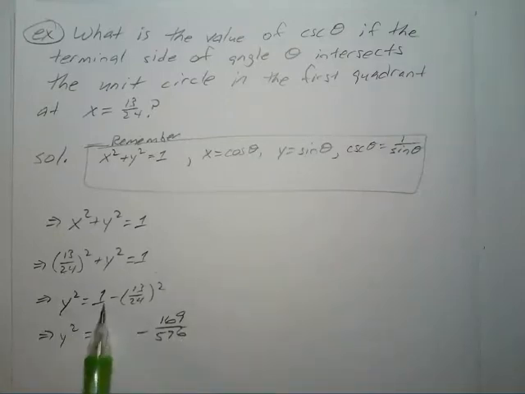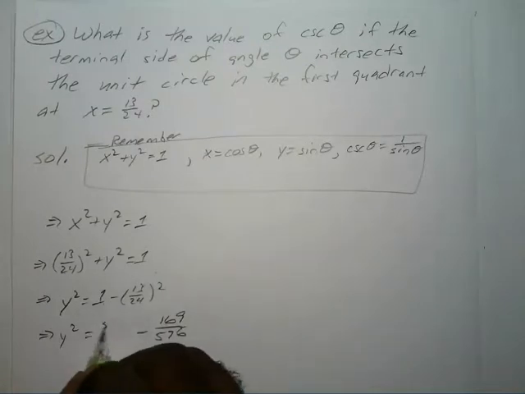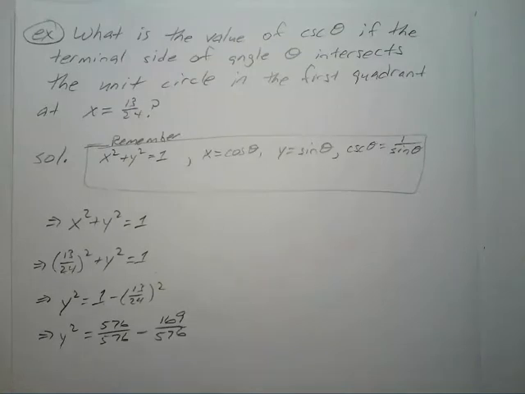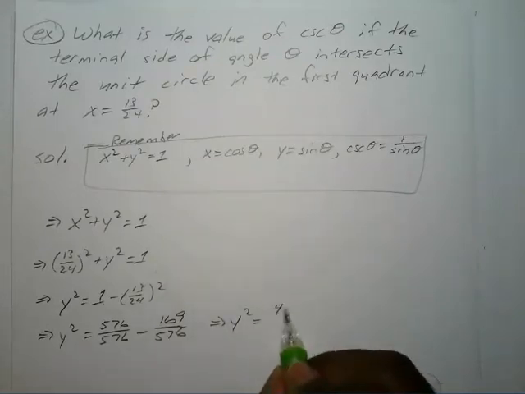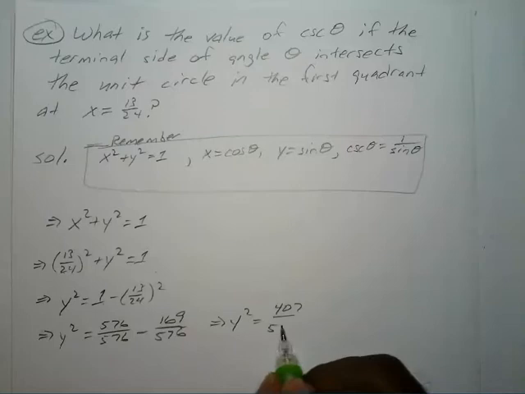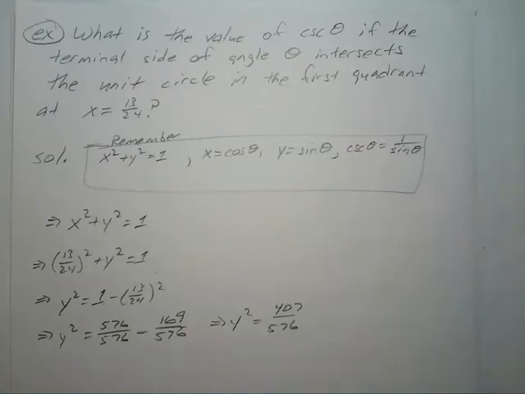Okay, so that 1, to get our matching denominators, we're just going to make that 576 over 576. So that means that y squared is equal to 407 over 576.